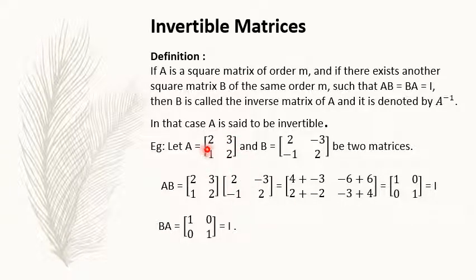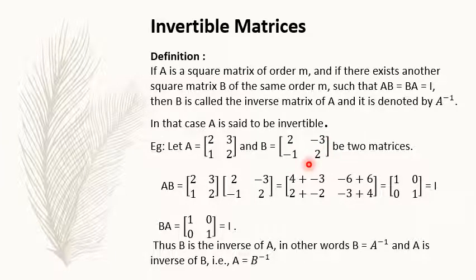Similarly, A is the inverse of B, A equal to B inverse, and B is an invertible matrix. So B equal to A inverse, A equal to B inverse. That is, if the products AB and BA both give the identity matrix, then both matrices A and B are invertible, A is the inverse of B and B is the inverse of A.